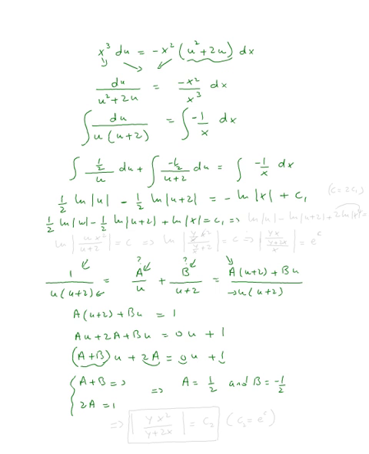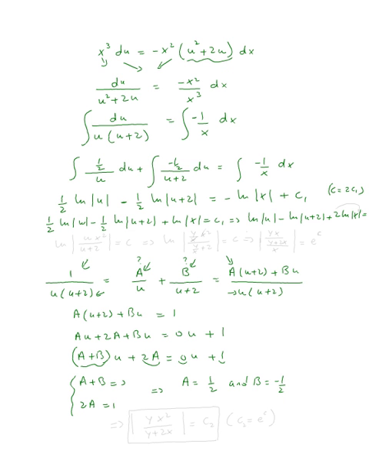So if I multiply everything by 2, I'll get ln of u minus ln of u plus 2 plus 2 ln x equals some constant c, and the c is equal to 2 times c1. What else can we do?